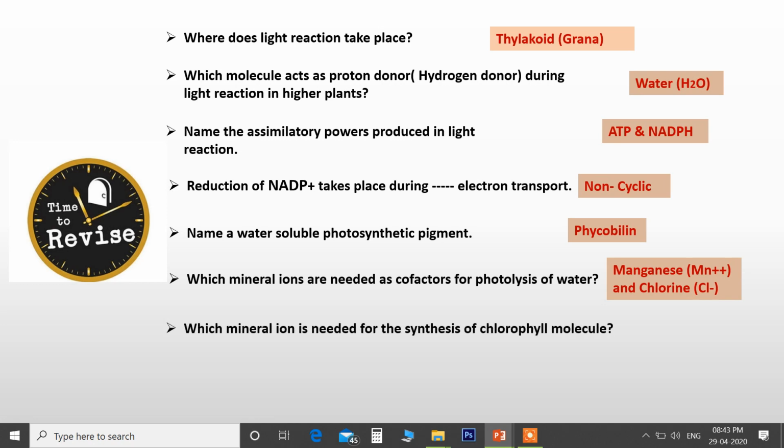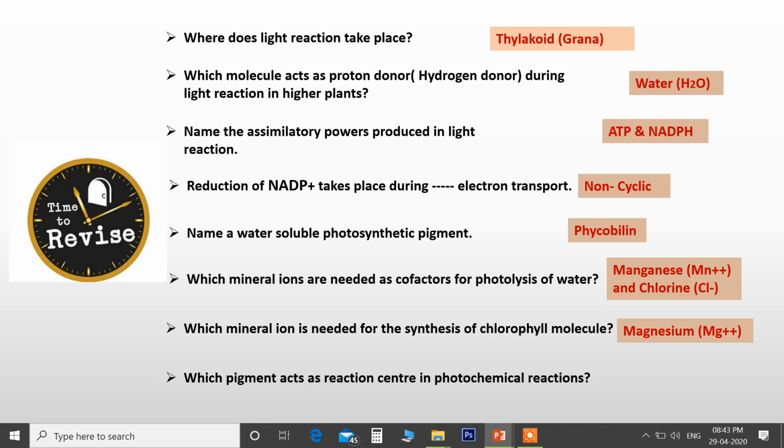Which mineral ion is needed for the synthesis of chlorophyll molecule? The answer is magnesium. Which pigment acts as reaction center in photochemical reactions? That is chlorophyll A. Name the source of oxygen released during photosynthesis. Water.